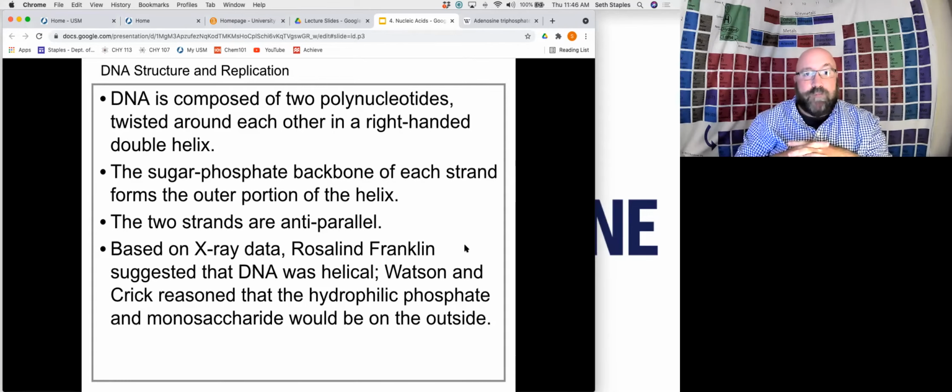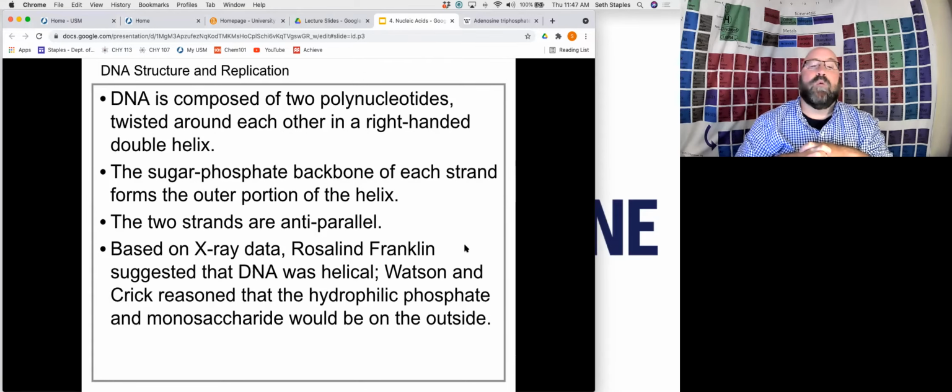Rosalind Franklin, hopefully you've heard of her, based on X-ray data, was able to find that the DNA was in fact helical. Watson and Crick, who get all of the credit for finding DNA structure, really worked off Rosalind Franklin's work. She was a breakthrough, absolutely fantastic scientist, and was the one to discover the helical shape of DNA.